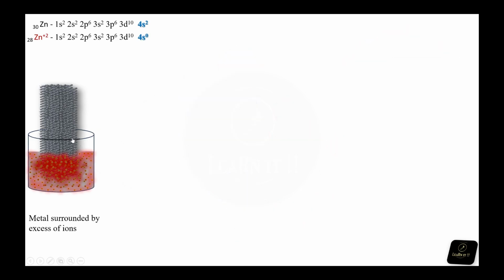So when zinc metal is in contact with an excess of Zn+2 ion, there will be reduction.